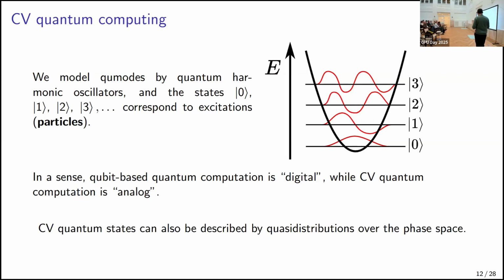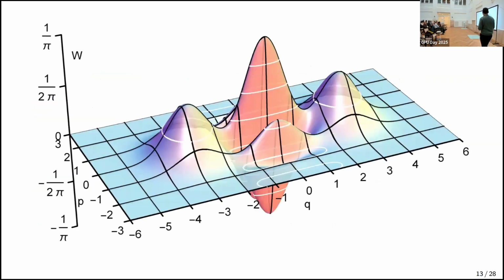CV quantum states can also be described as quasi-distributions or Wigner functions over the phase space. You don't have to know what it is. This is how they look. I said quasi-distributions because they can go negative, not just positive, so these are not probability distributions in the usual sense.